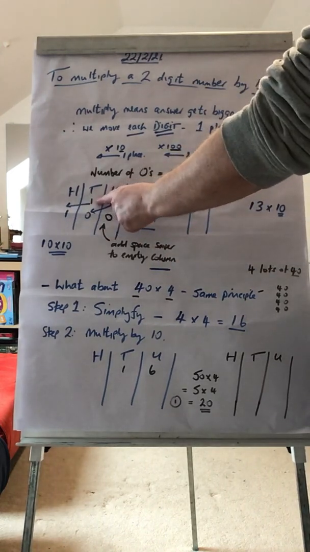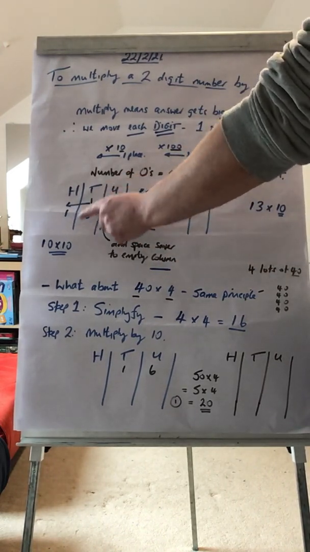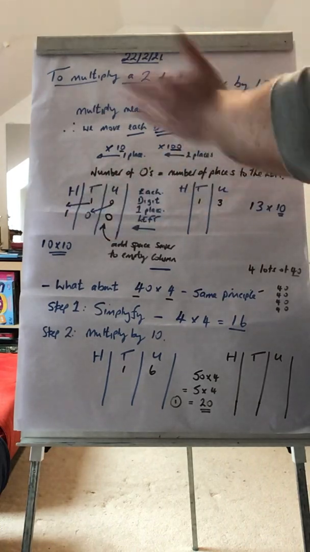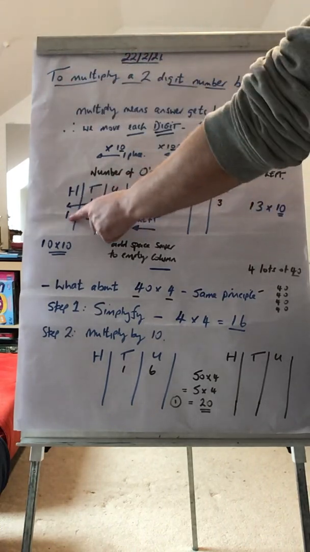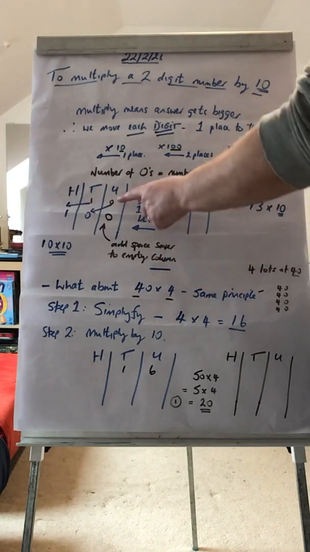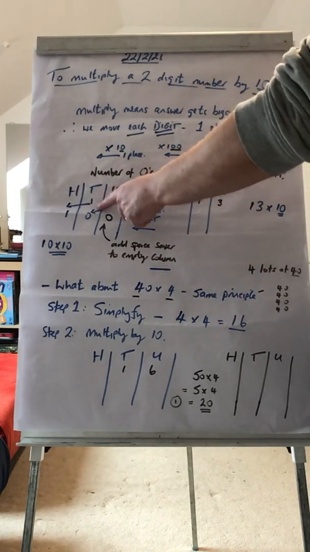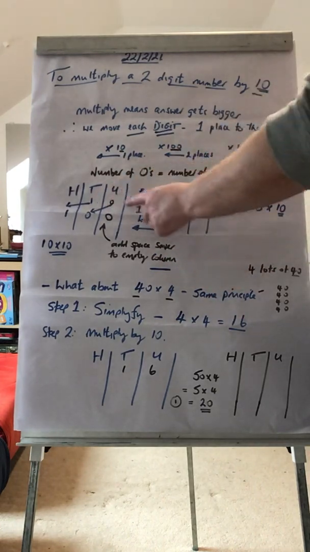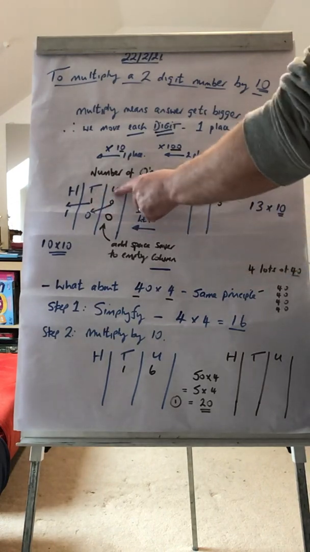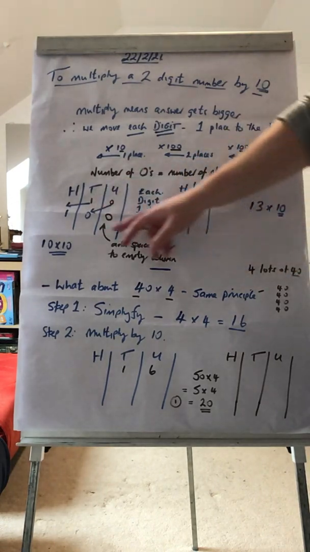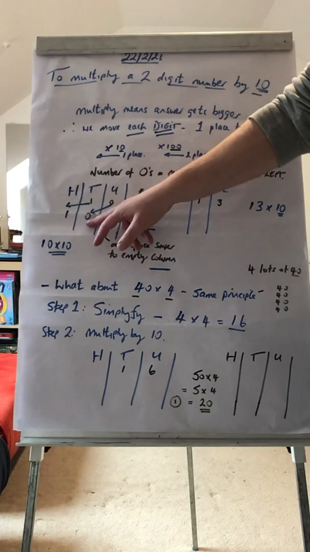So the 1, which represents 10, moves 1 place, 1 column. It now becomes 1 in the hundreds column. The 0 in the units column, because I have to write the number 10 out properly, moves 1 place. It goes from the units to the tens column. Now I'm left with 1 hundred, 0 tens.